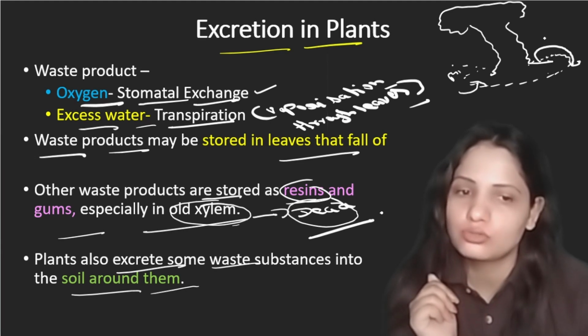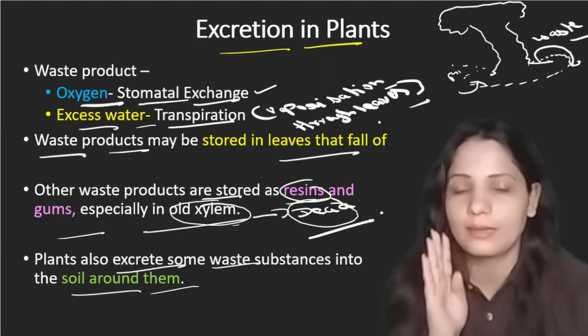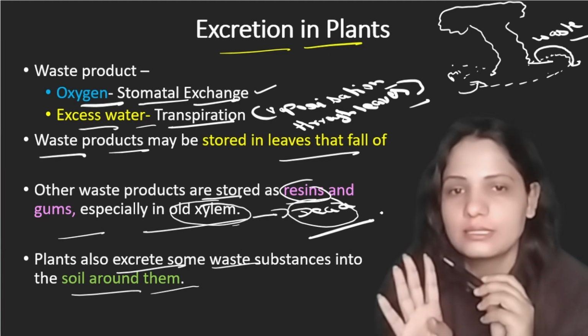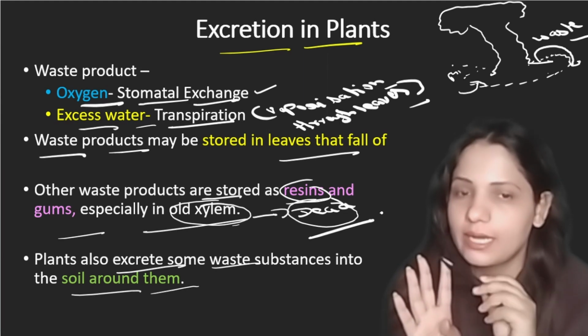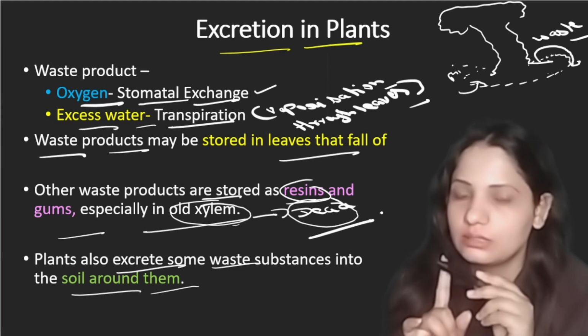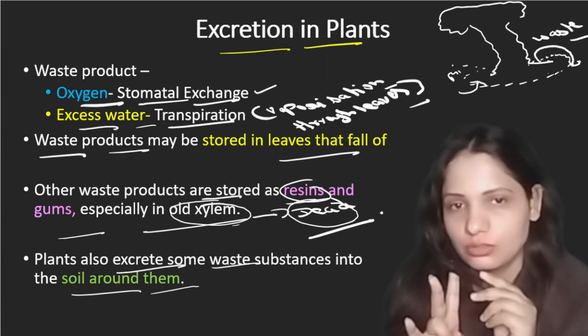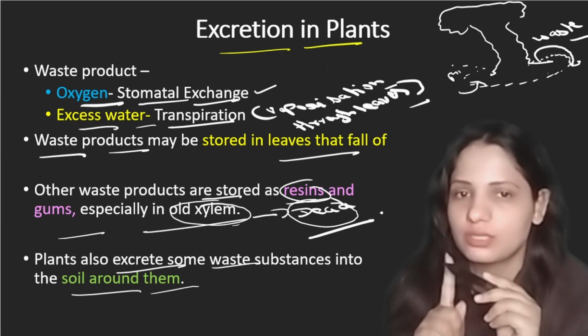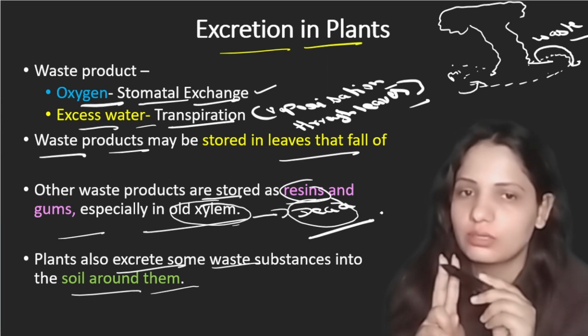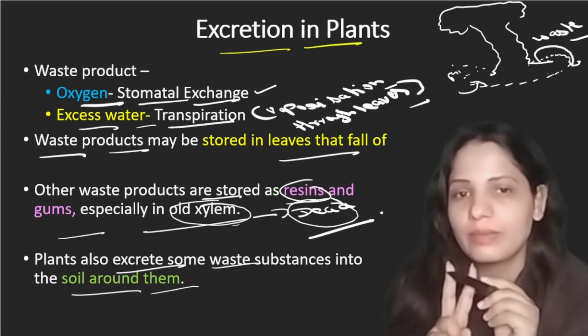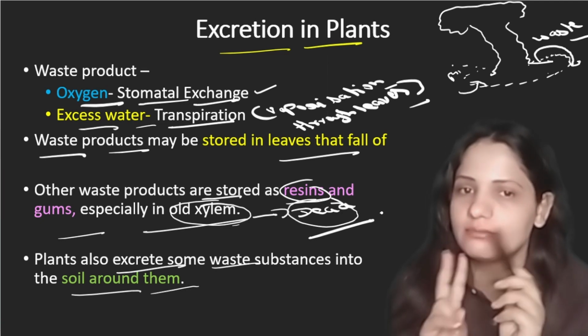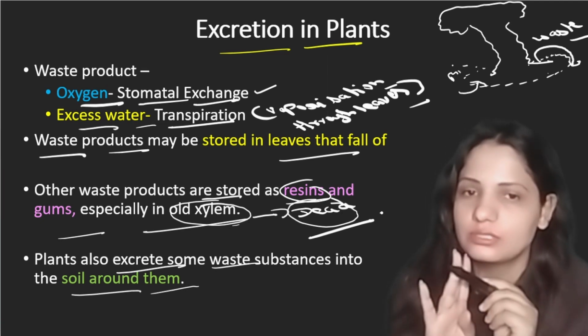If I try to summarize, in plants, first, oxygen is removed by stomatal exchange, with the help of stomata which are present in leaves. Excess water is removed by the process of transpiration, meaning vaporization of water through leaves and stem. Next, waste product is removed by the falling of the dead leaves.